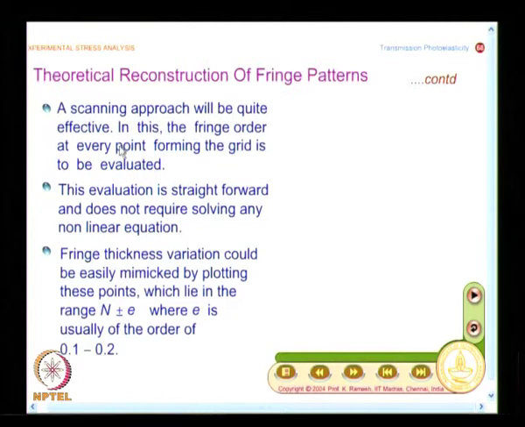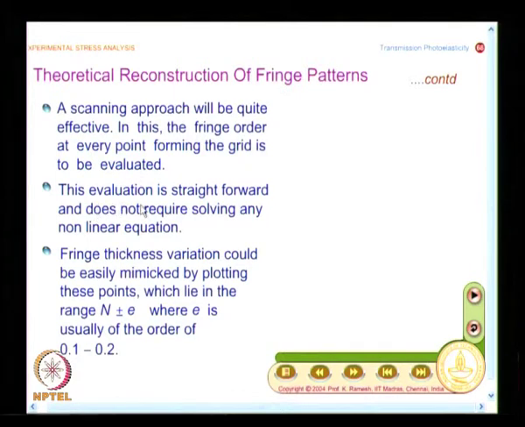Fringe order at every point forming the grid is to be evaluated, because you and I have to do the calculation, scanning approach is not the right way to do. Scanning approach would be boring and time consuming. After 2-3 calculations you will say forget about it. A computer will not do that and it will faithfully follow what you say.